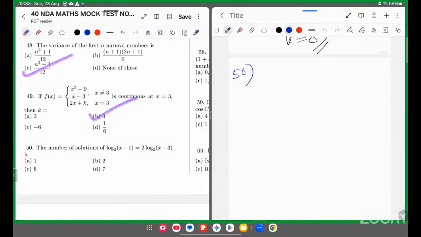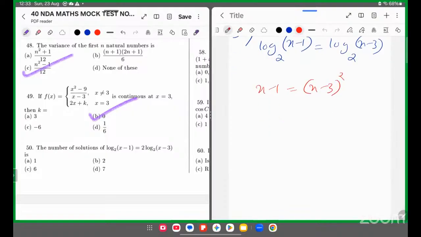Question number 50. The number of solutions of the equation. So log of (x minus 3) the whole square to the base 2. So I can write x minus 1 equal to (x minus 3) the whole square.